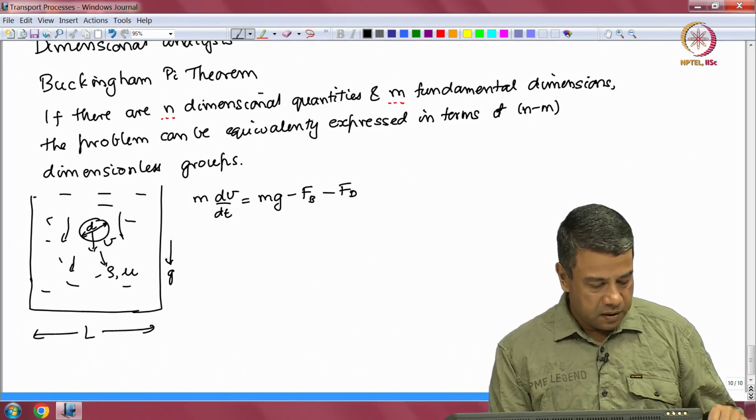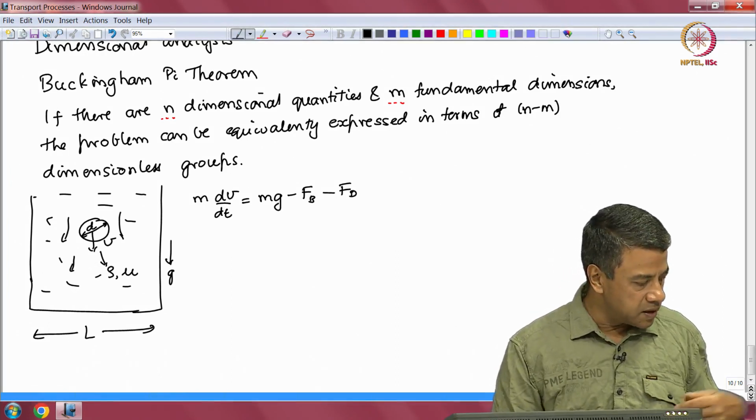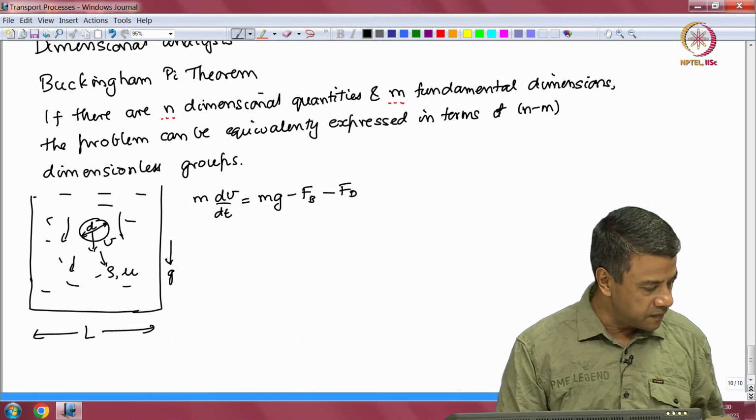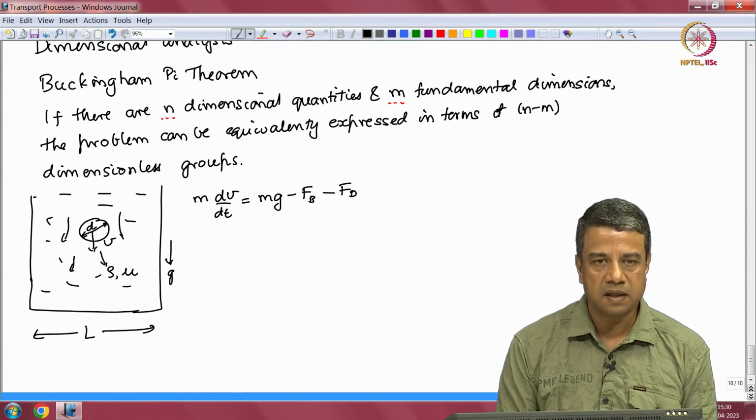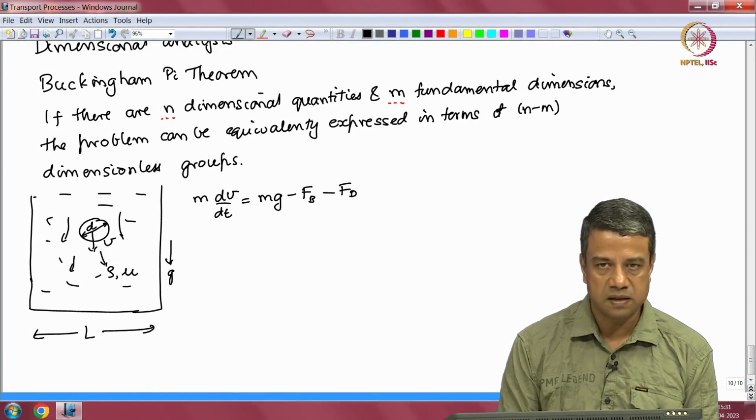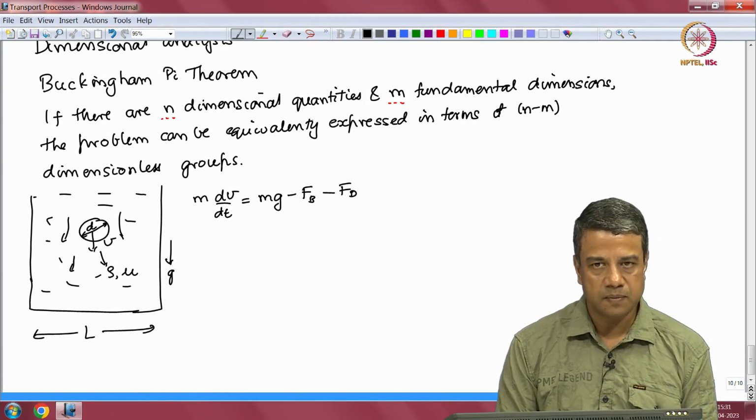Now, what are the dimensional quantities that affect the drag force? For simplicity, for the present, I will consider that the length of this tank is very large, so that this L is not a parameter.